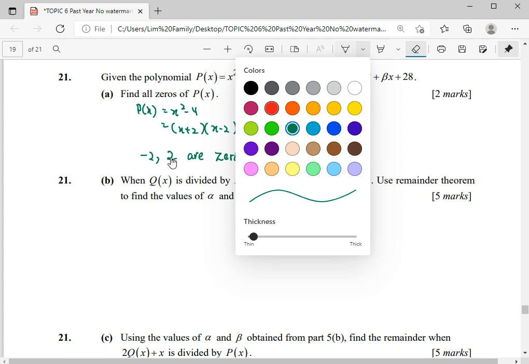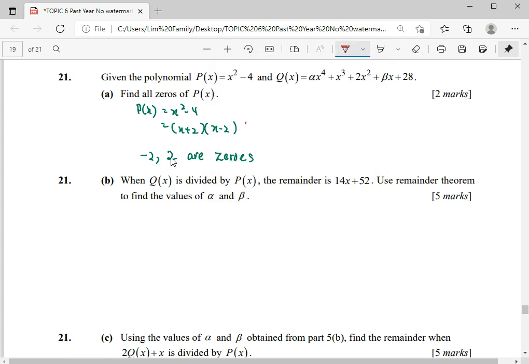Okay, so just 2 marks, on your factorizing to get the zeros, without writing the x. If you write x together, that will be wrong, because then we call it roots. It's not called zeros.